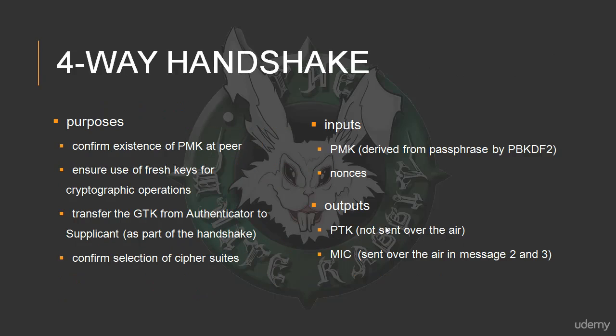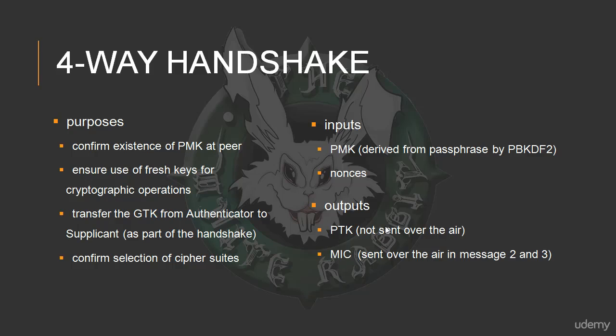This four-way handshake is meant to confirm the existence of the pre-shared master key at the peer, so both the access point and the station would be trying to confirm that the other side has the same pre-shared master key, which means that it has the same passphrase because the pre-shared master key is derived from the passphrase.